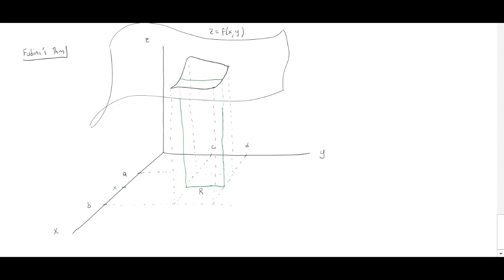And if I call the area of the sheet A of x, then I could say the volume of this region would be the integral, integrating x from a to b, of whatever A of x is. Okay, now let's think about what A of x is.